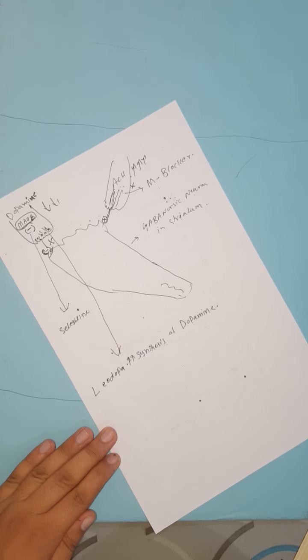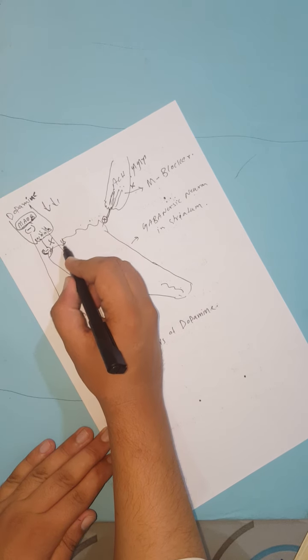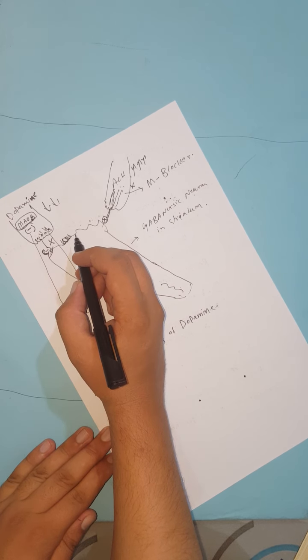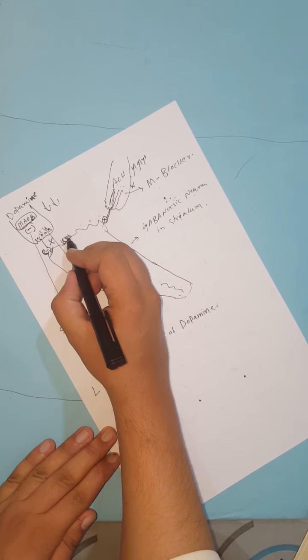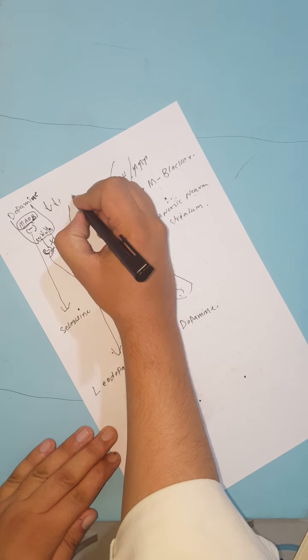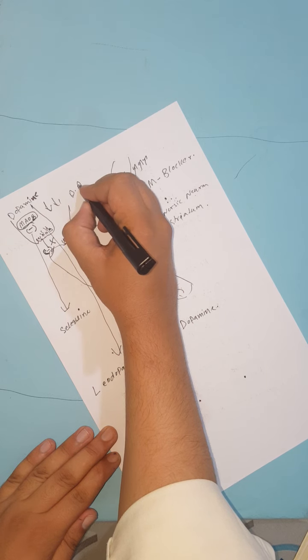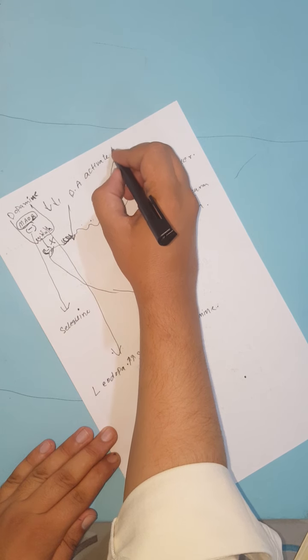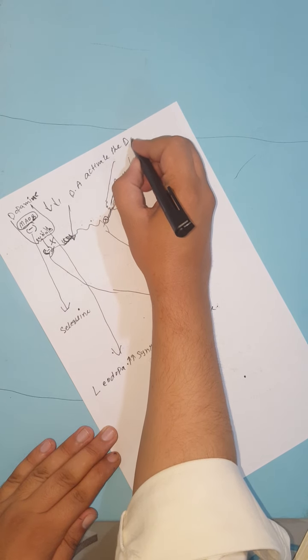Another type of drug we will discuss is called dopamine receptor agonists. Dopamine receptor agonists activate the dopamine receptors.